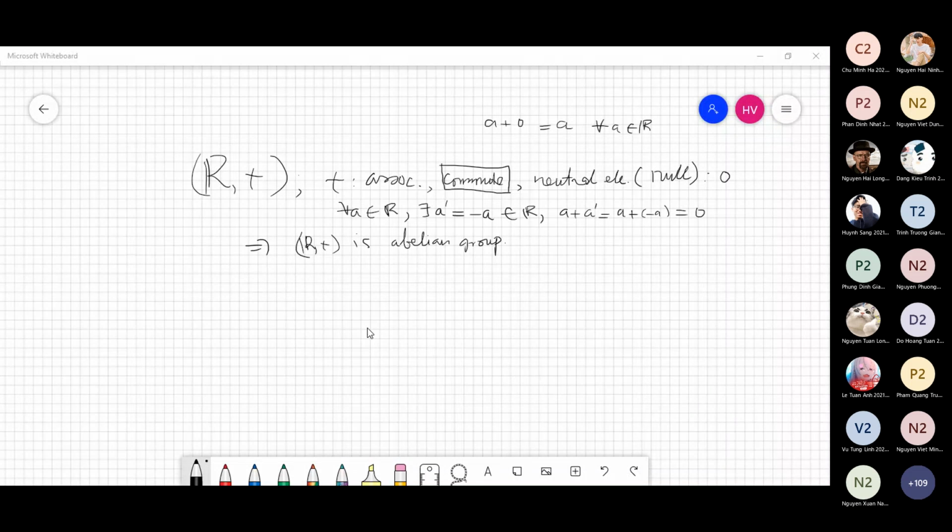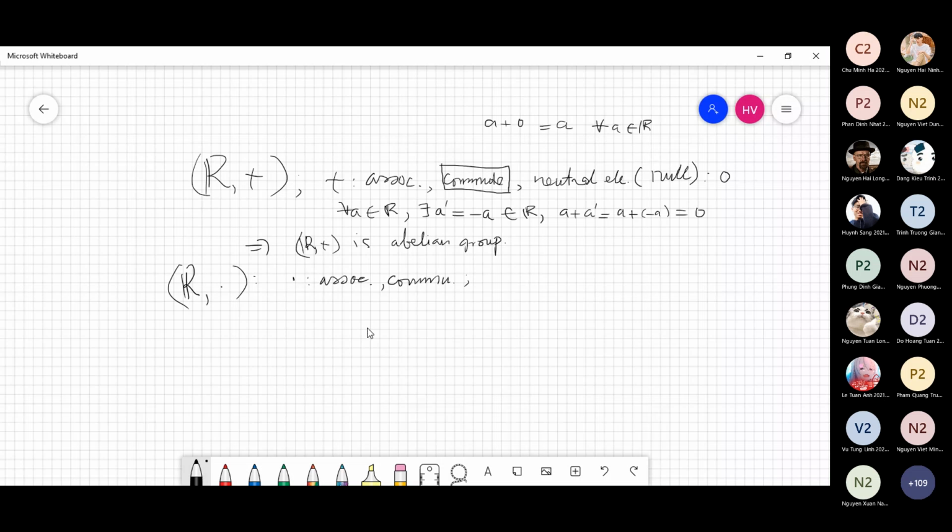So now we had R with multiplication. Of course, again, you have this multiplication associative, and not only associative but also commutative, and a neutral element.